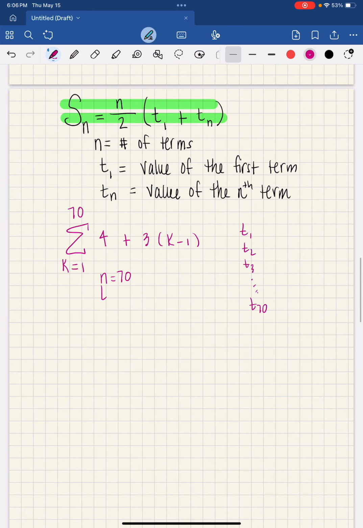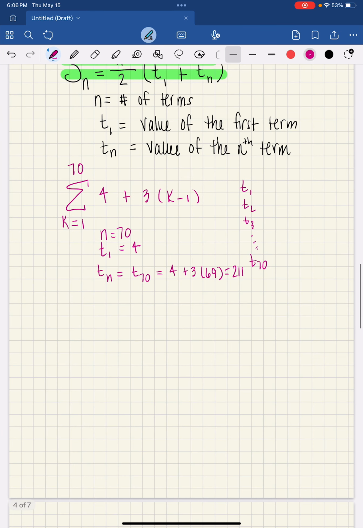The first term is what you get when you plug in 1. Well, when you plug in 1, I believe that is 4. T sub n, which in this case is T sub 70, that's going to be 4 plus 3 times 69, which is 211. And now I'm going to plug and chug. You have got to show work.